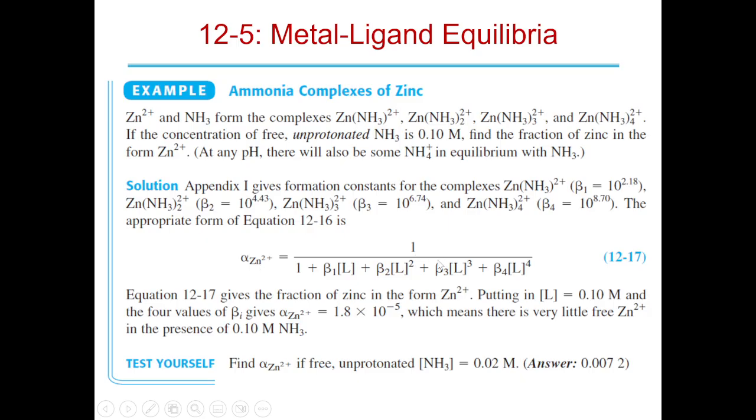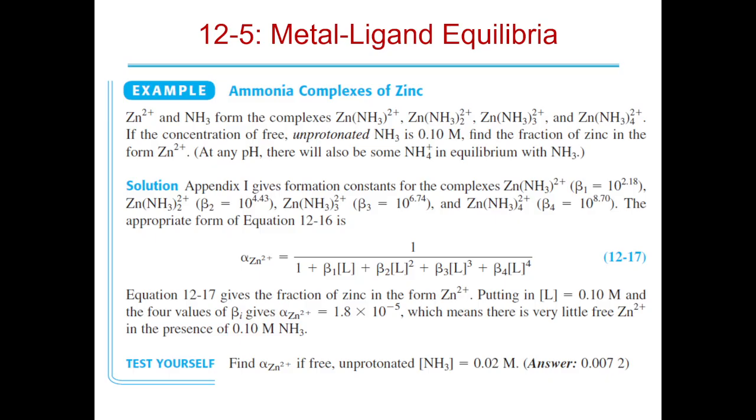So we go 1 over 1 plus β1, which is right there, times the concentration of L. The concentration of L is this one right here, plus β2 times the concentration of L squared, β3, excuse me, beta 3, times the concentration of L cubed.